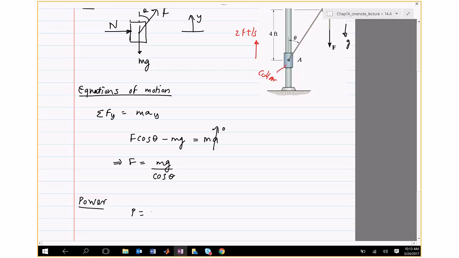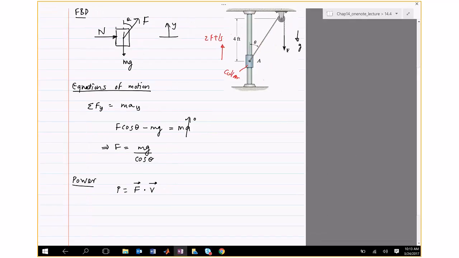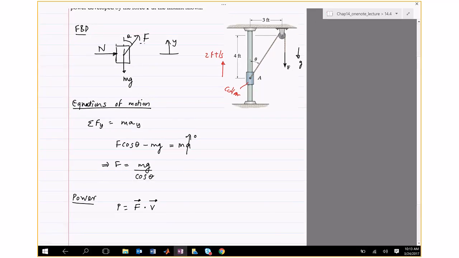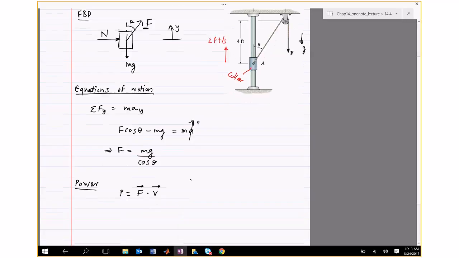Power is F dot V. Now F acts this way, at an angle, and the velocity is upwards. So there are two ways I can do it.